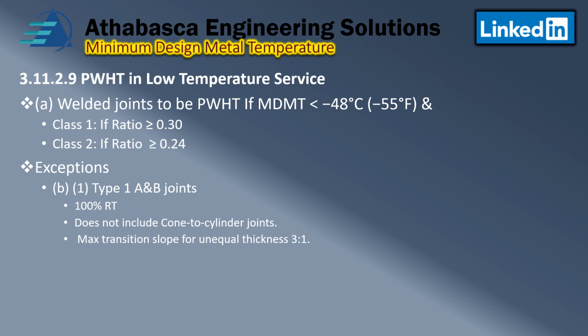And the maximum transition slope for unequal thickness is limited to 3:1. And Part 2 of B says it's required for only lightly loaded attachments. And the maximum fillet size is limited to 10 millimeters or 3/8 of an inch.